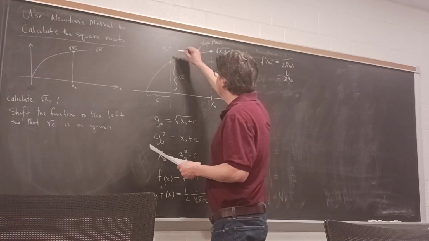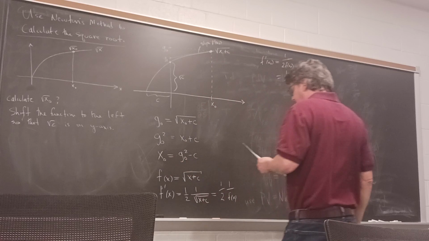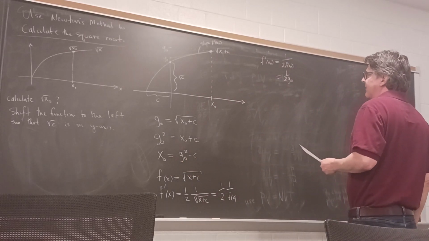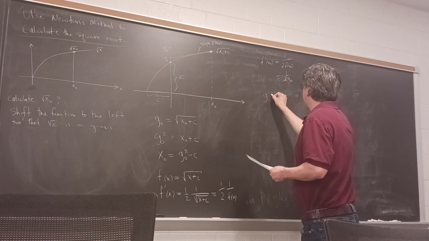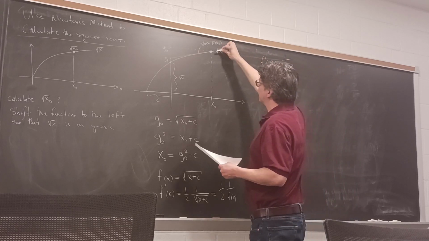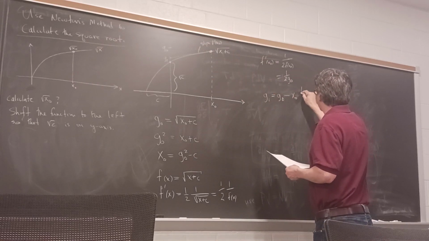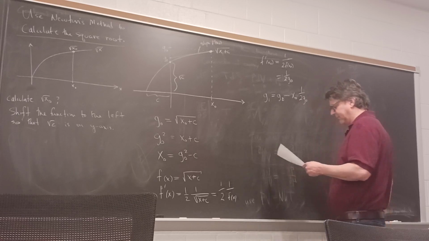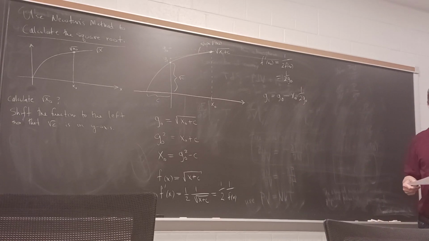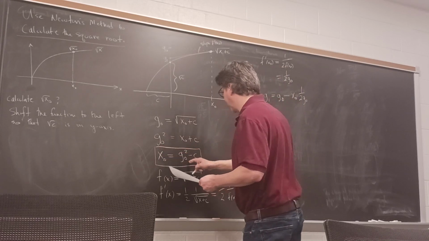So we want to get G1 here. G1 is just going to be G0 minus the slope that we follow for the distance x0. So it's minus x0 times that slope, which is 1 over 2 G0. Now we want to put everything in terms of G0.